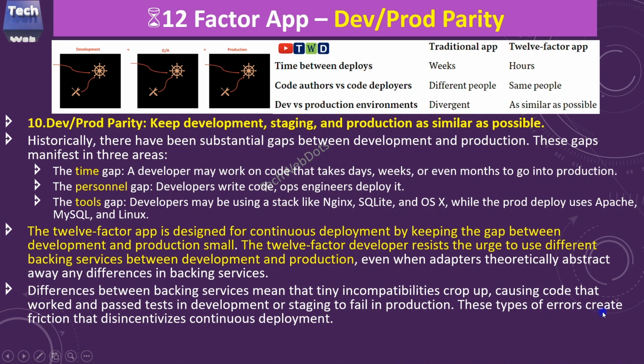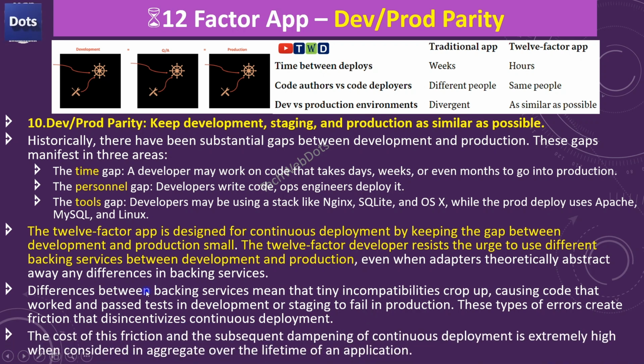These types of errors create friction that disincentivizes continuous deployment, and the cost of this friction and the subsequent dampening of continuous deployment is extremely high when considered in aggregate over the lifetime of an application. So this is how the traditional approach differs from the 12-factor approach. I hope it is clear.